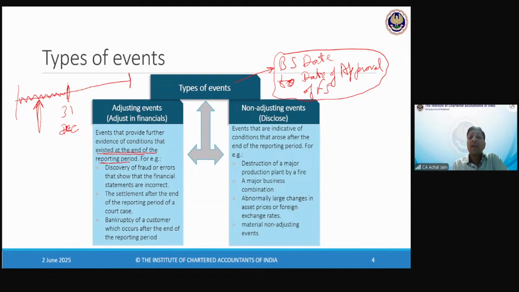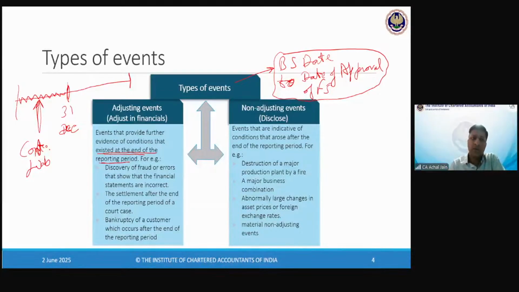The company may have created a part provision for this, not full, or the company may have disclosed this as a contingent liability. So can we say that this event existed during the reporting year?